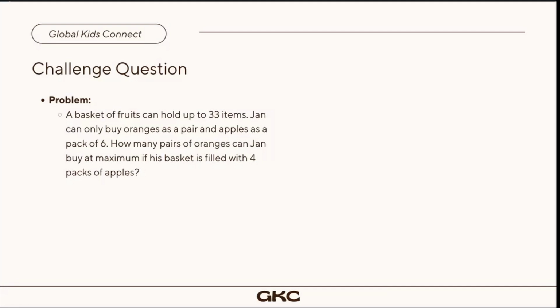So from here, we can analyze the information given to us step by step. Jan's basket of fruits can hold up to 33 items, and therefore the maximum number of items is 33.